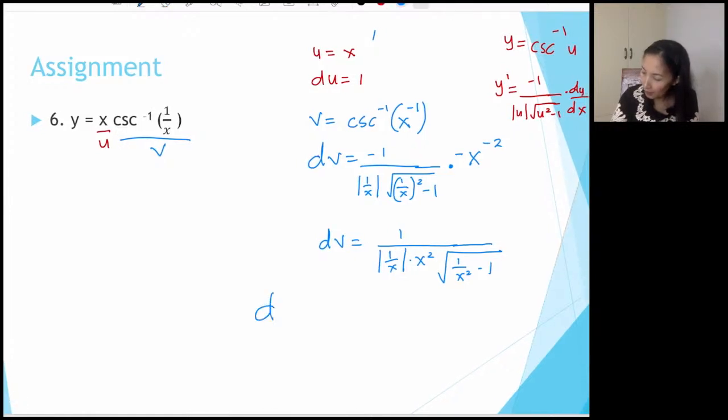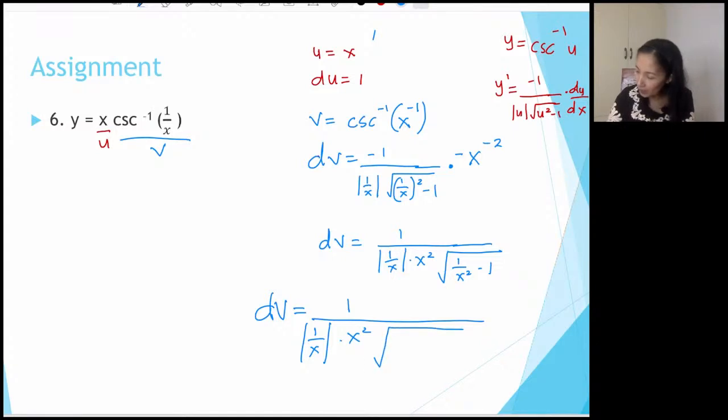So from here, dv will now be 1 over the absolute value of 1 over x, times x squared. If I combine this, I'll end up with a fraction inside. The fraction will be 1 minus x squared all over x squared. That's combining this. 1 over x squared minus 1 is the same as 1 minus x squared all over x squared.